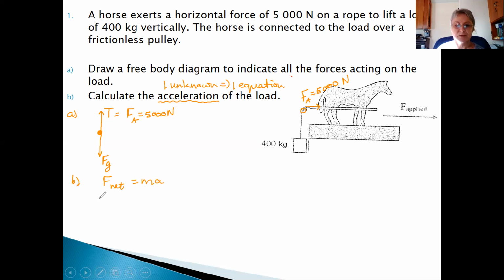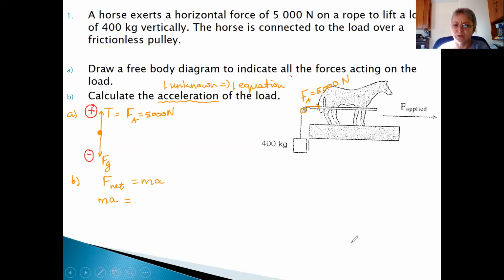Then we use ma and we build our equation for addition of vectors. We need to decide, is the tension in the positive direction or is the gravitational force in the positive direction? I'm going to choose up for tension as my positive direction. That would mean that gravitational force Fg would be in the negative direction.